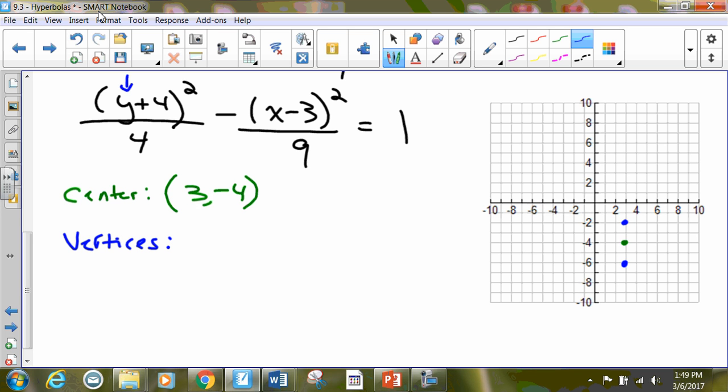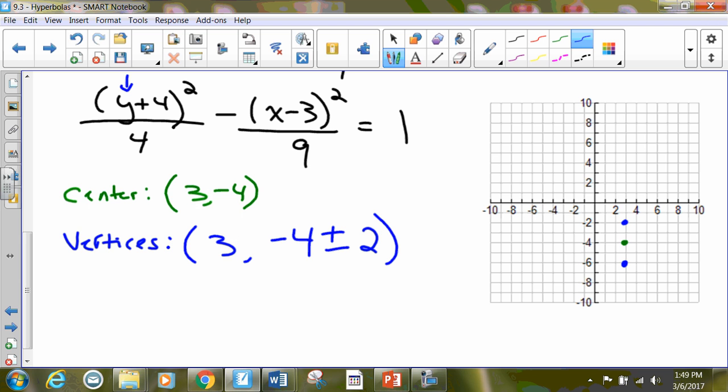So the y is different. So we're changing the y this time. And real easy to remember because we're leading with the y. We're going to be changing the y. So we're going to have this, -4 plus or minus 2.